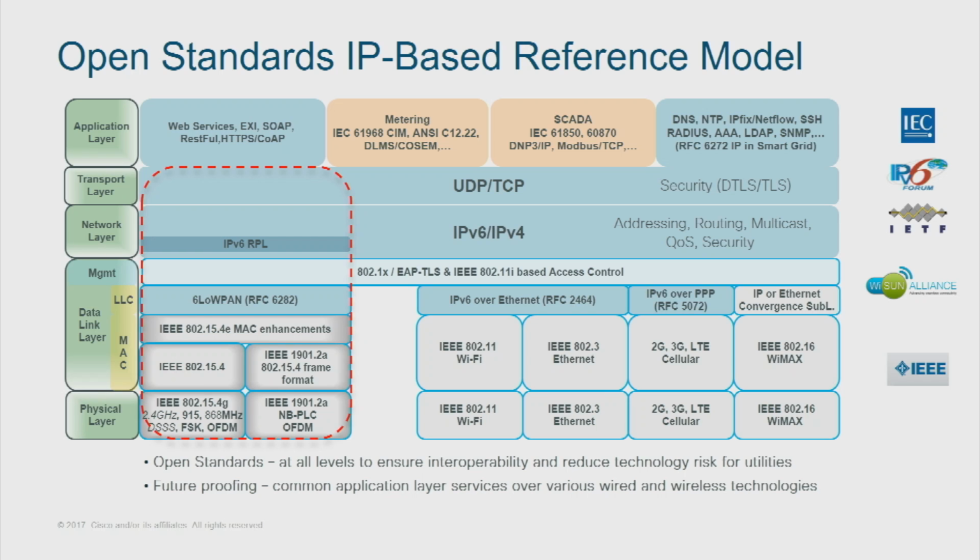For security, we make use of 802.1x and 802.11i, with some minor changes to adopt it better for mesh networks. With IPv6, you also get IPv6 addressing. Each node has an IPv6 global address, routing, multicast, QoS, all of the IPv6 features.